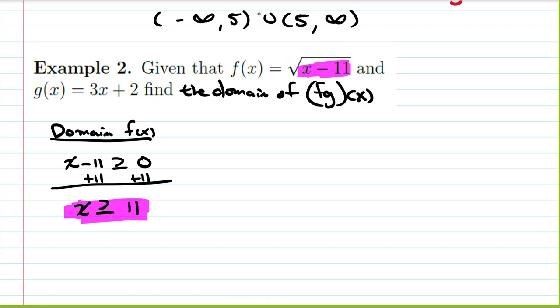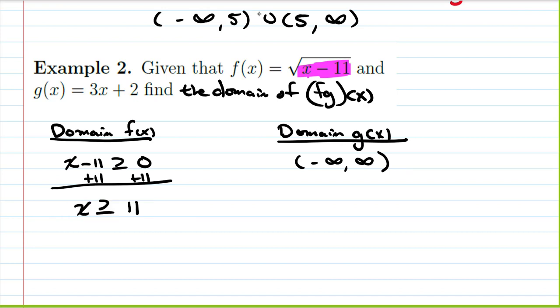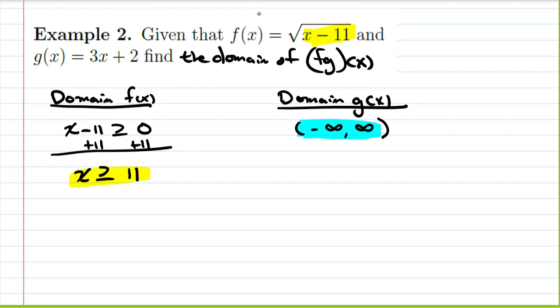So this is the domain of f, and then we have the domain of g of x, and g is 3x plus 2. Since it's a linear function, it has domain all real numbers, from minus infinity to positive infinity. I really shouldn't use purple; I should have used yellow. I want yellow and blue, which are going to make green once again. So I graph each of their domains, and the domain is the "and."